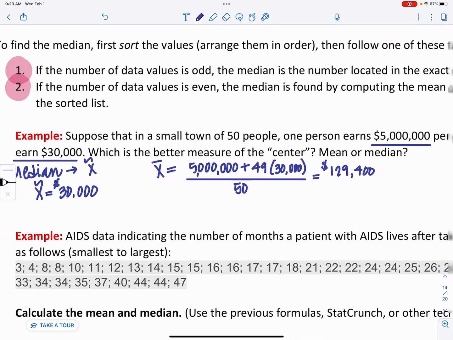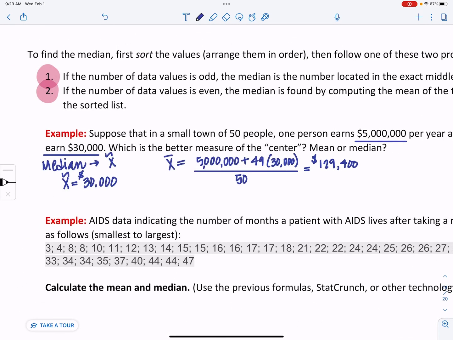Now, if you were considering moving to this small town and they tell you that the average salary is $129,000 a year, you initially think, hey, that's pretty good. But then if you go and look at what the data actually says, we only have one person making that $5 million a year.